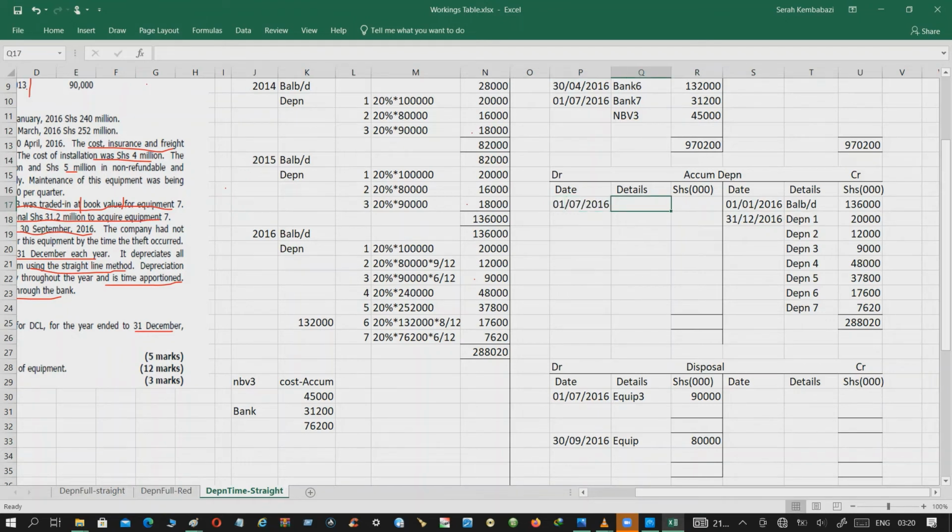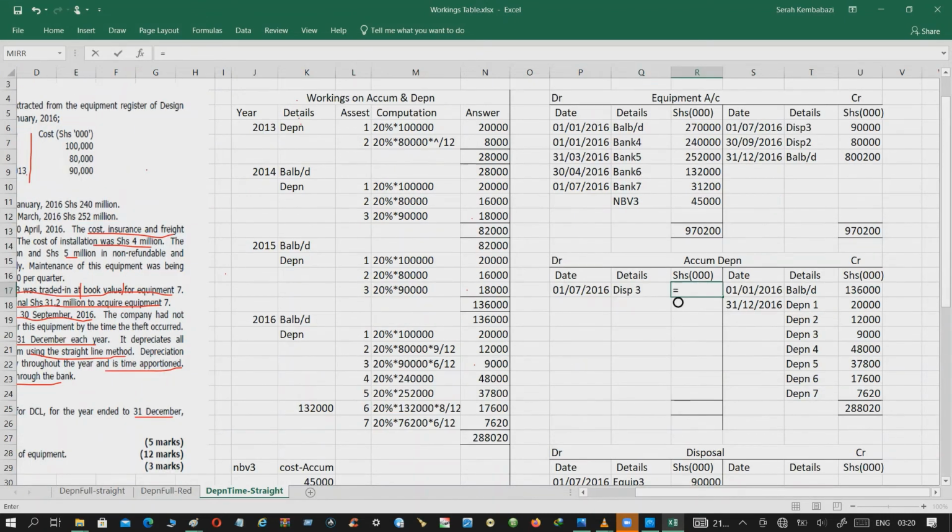So we come on the debit side and close off accounts for those equipments that have been disposed of. 3 was disposed of, so we have to close off its accumulated depreciation account by reflecting all the depreciations we've been computing from the start. So that 45,000 is a total of everything. Then we also do the same thing for equipment 2.